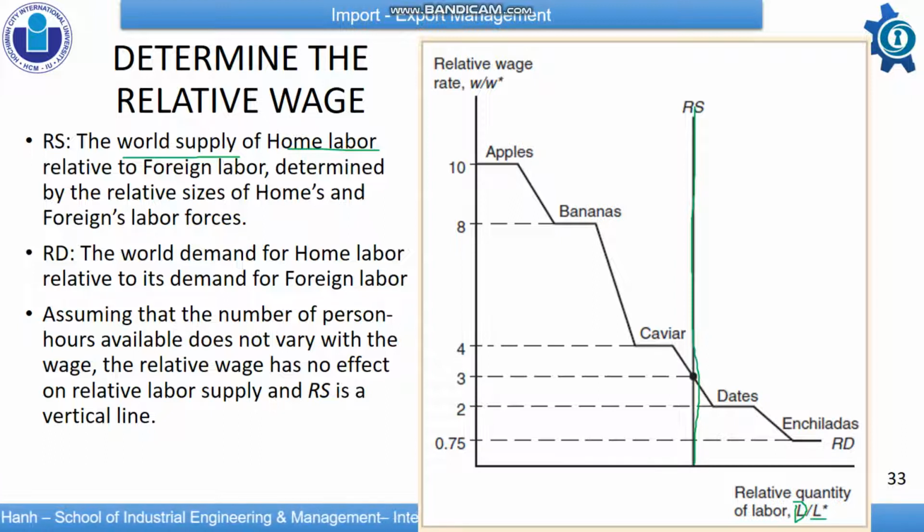And we can see RD here is the world demand for home labor relative to its demand for foreign labor. And we can see it's a step line like this. So how can we have a step line like this?